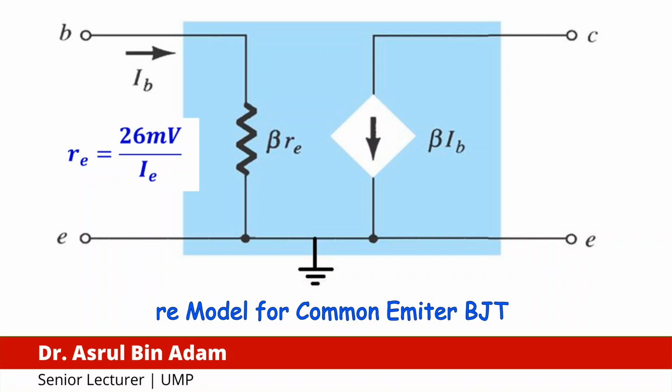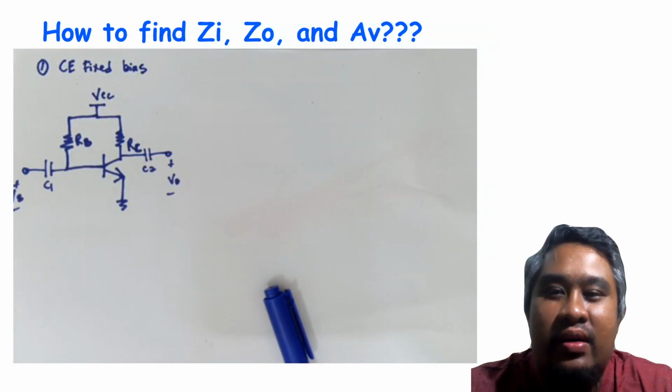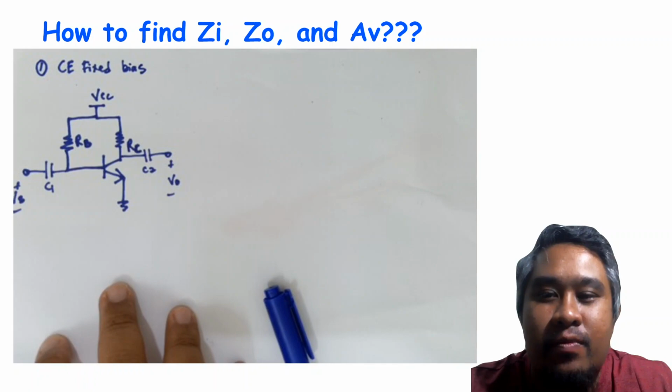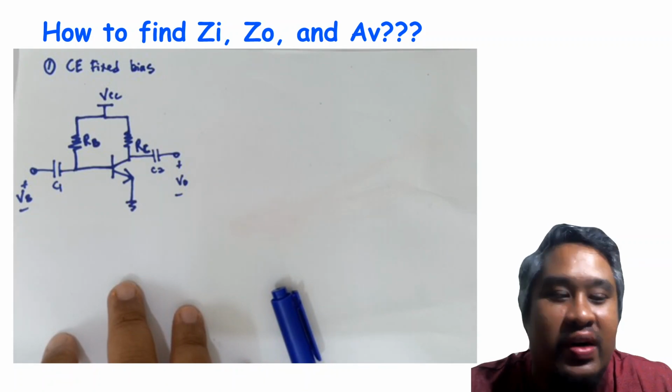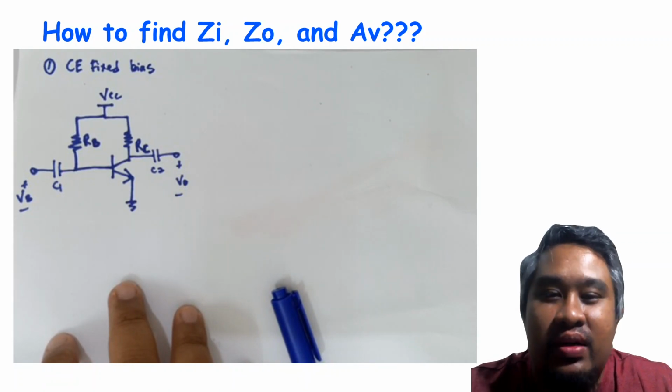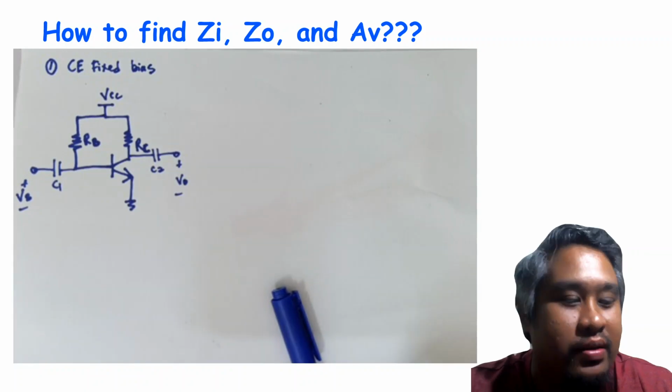Okay class, let's move to the next slide. Now we start first with the common emitter fixed bias circuit, which I have already drawn. Why do we call it common emitter?